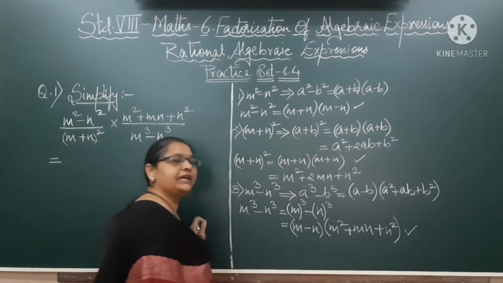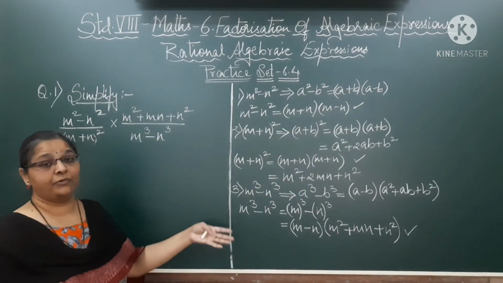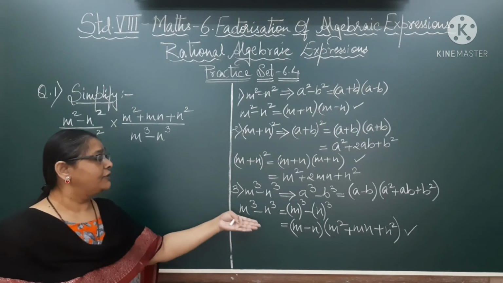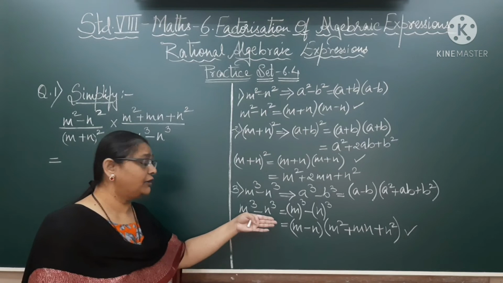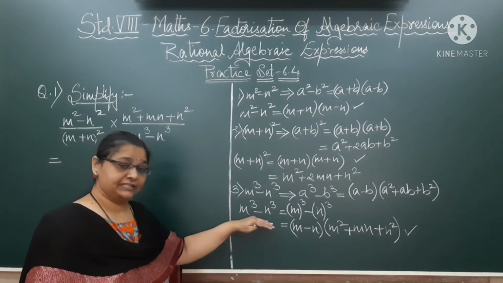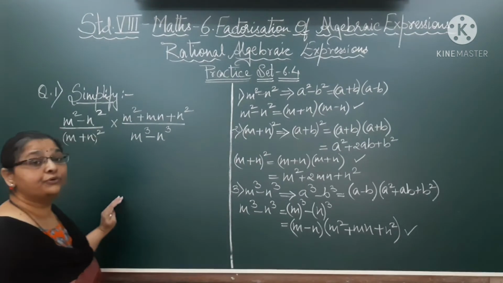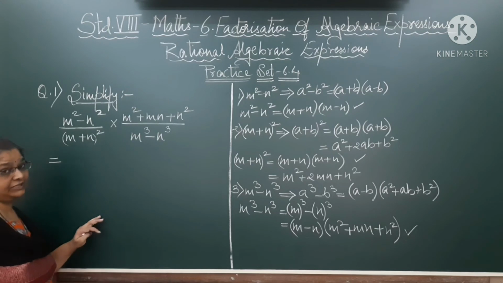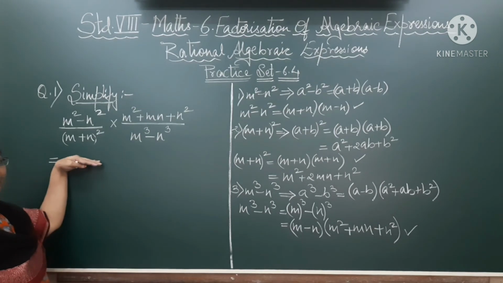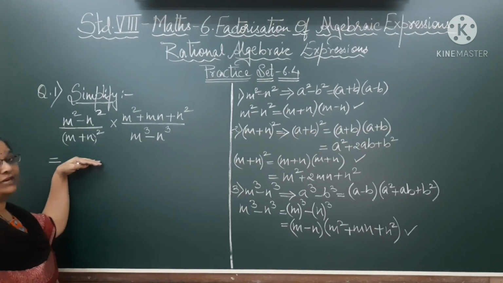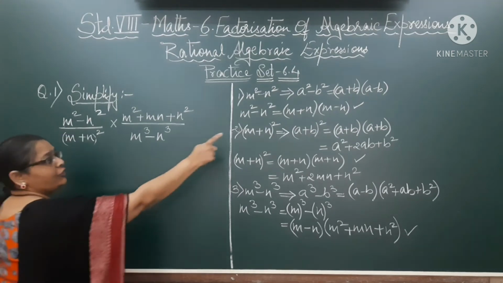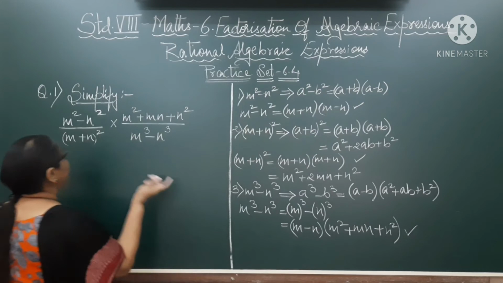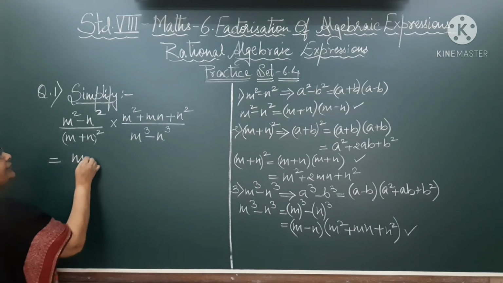Factorization and the expansion formula are used to find the factors of algebraic expressions, and now we are going to use those factors or the expanded form to simplify the rational algebraic expression. I have already got two factors over here, so let me substitute them.